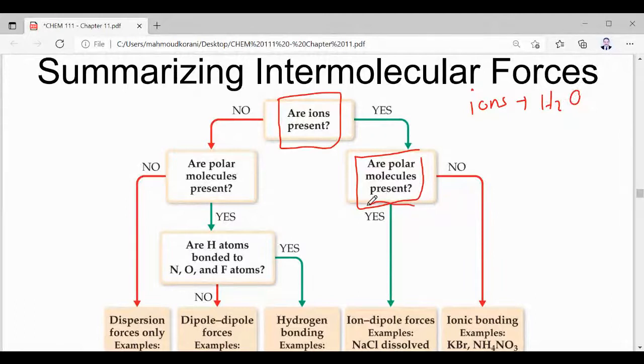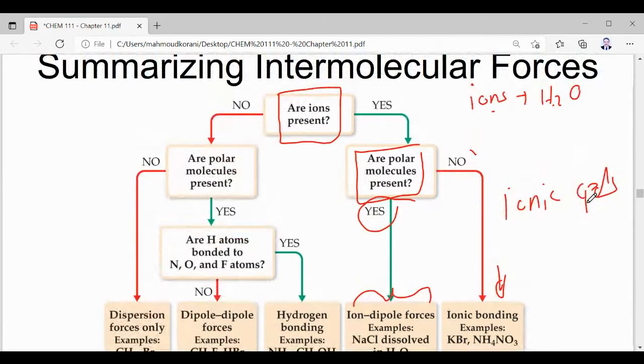If yes, you have ion-dipole interaction. If you have only ions and no polar molecules, you have ionic compounds.